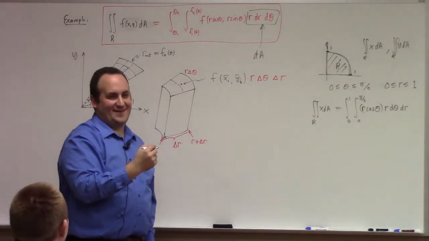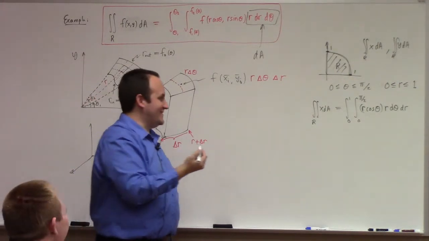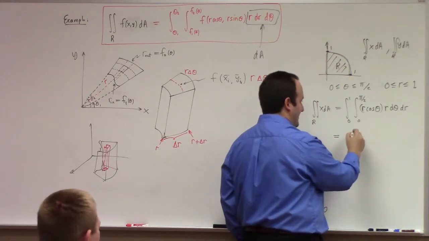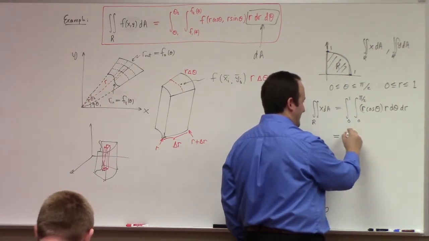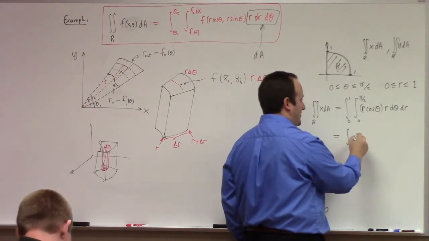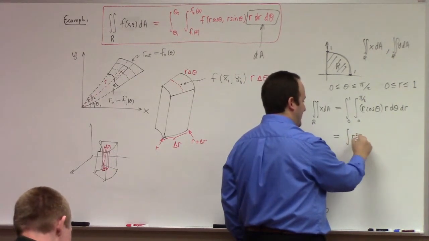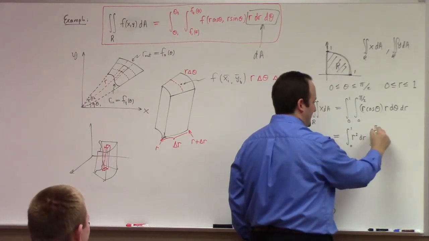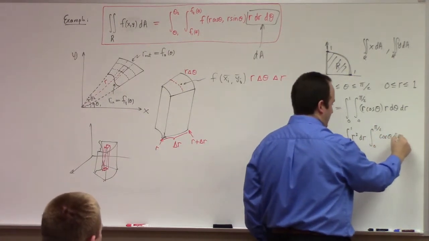Let's see here. So this actually is separable, right? So you can do r squared dr from 0 to 1, times the integral from 0 to pi over 2 of cosine theta d theta. What do we get?